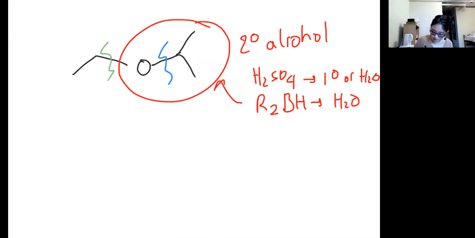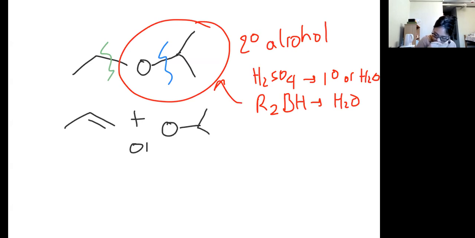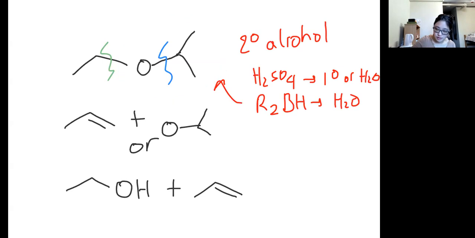Right? Because in theory, if we were thinking about retrosynthesis, and this is very similar to one of the recitation problems we did, we could either go like this, or we could go like this. So which one do you guys think is the most feasible?